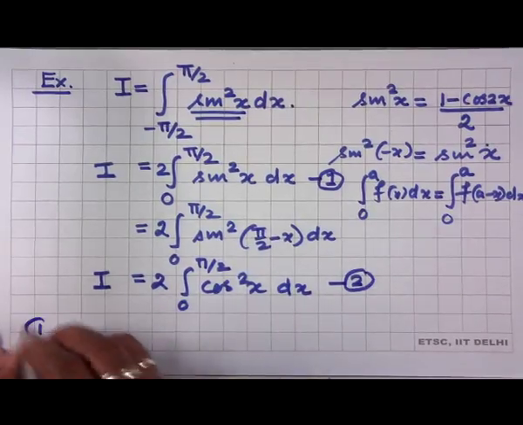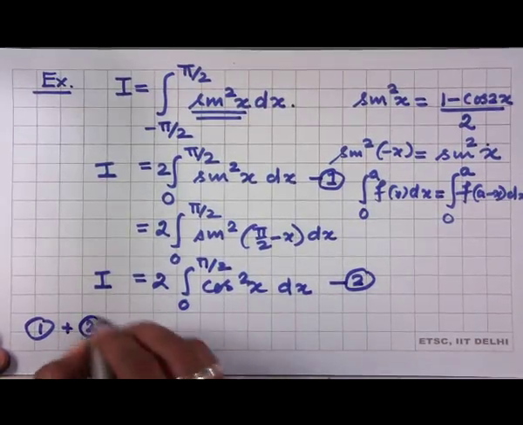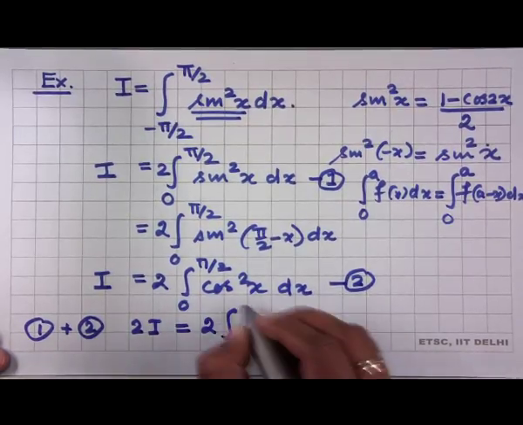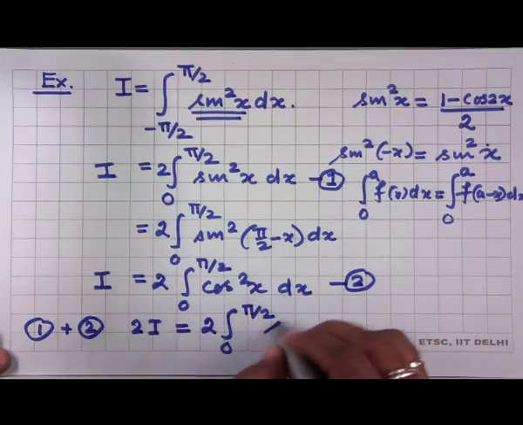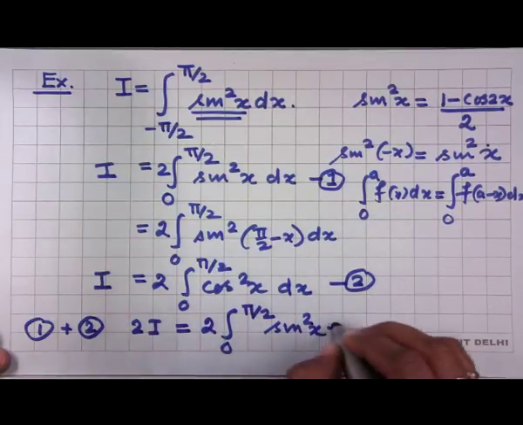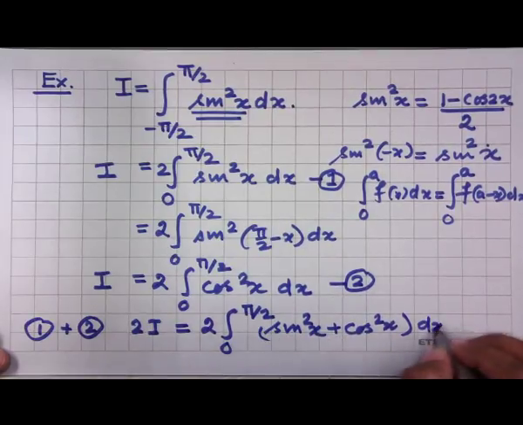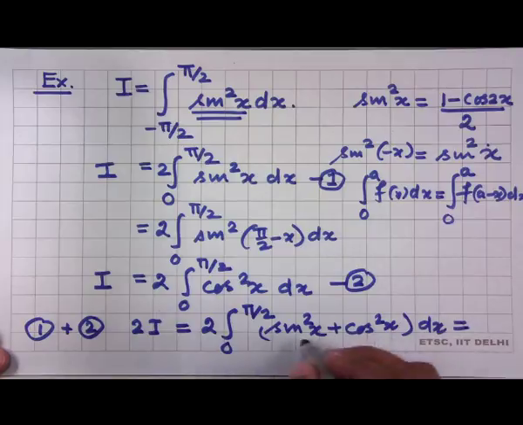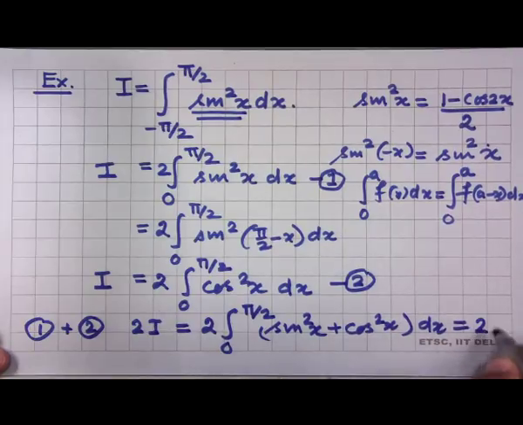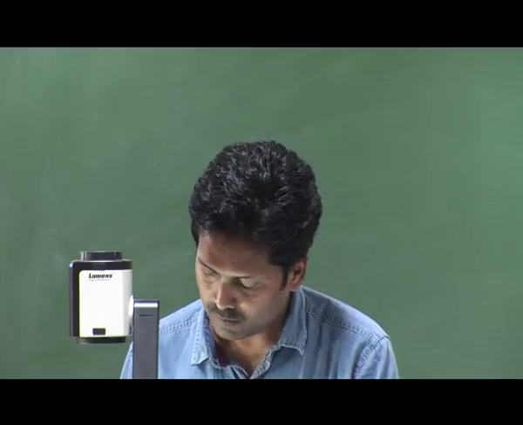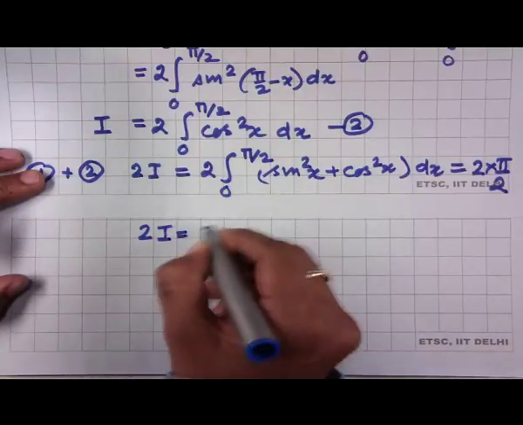Now this is I, so say this is 1 and this is 2. Again by adding 1 and 2 you get 2I equal to twice of the integral from 0 to pi by 2 of sin square x plus cos square x dx, which is 1, we know that. So we get 2 into pi by 2. So we got 2I equals pi.